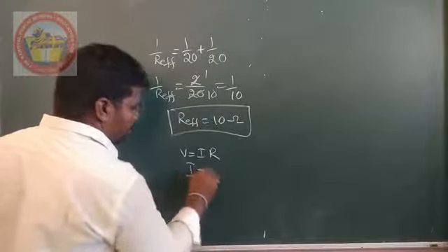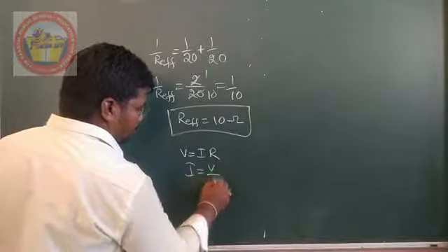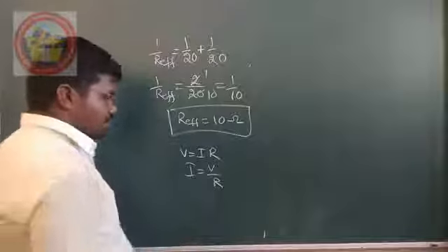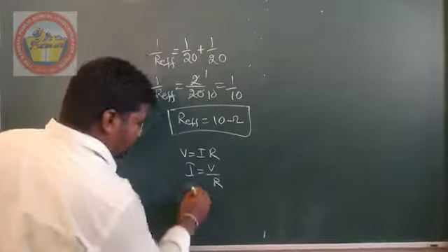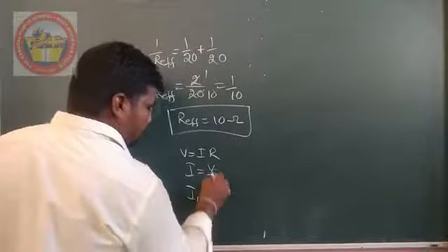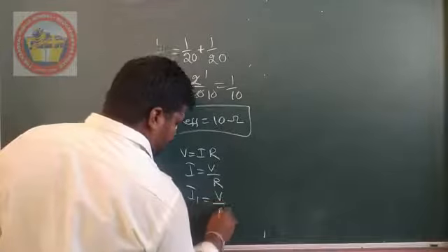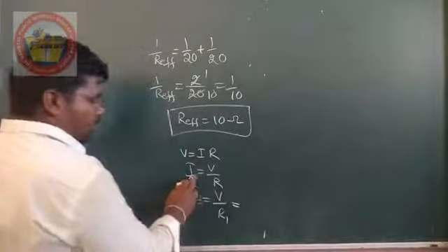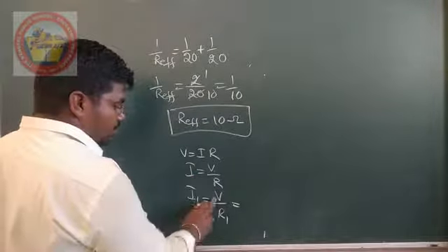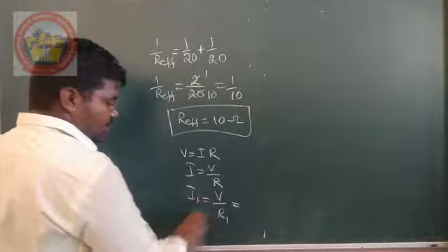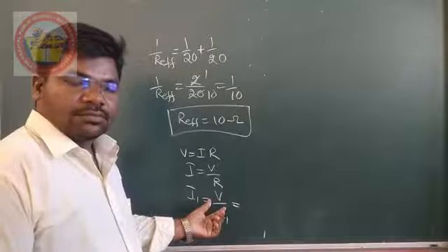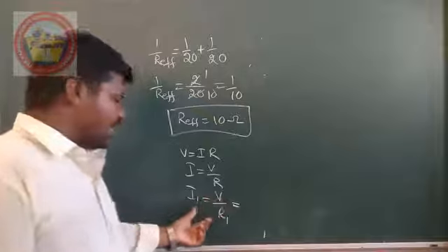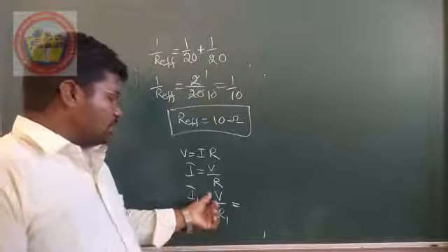Then I is equal to V by R. I1 is equal to V by R1, because here the battery is the same, the potential difference is the same, and the current divides.